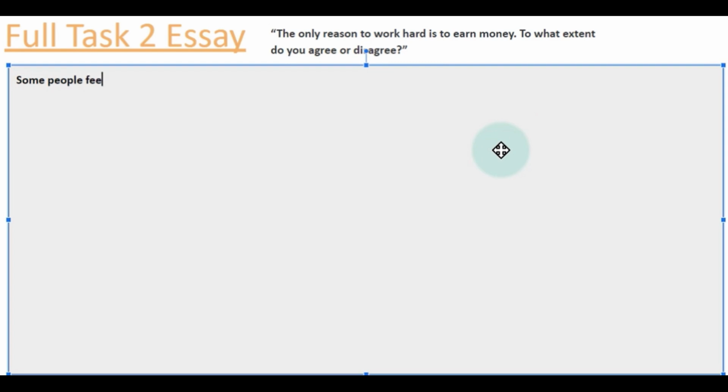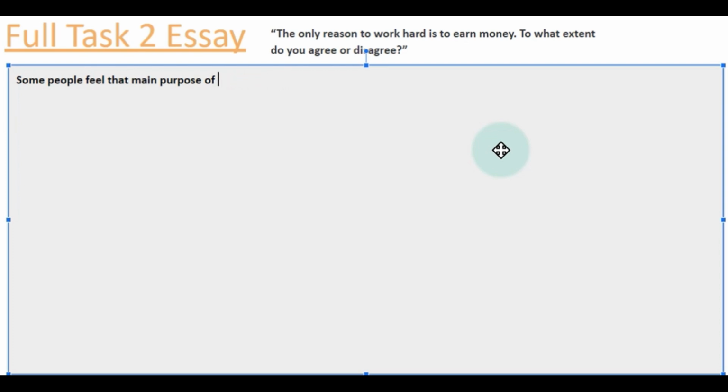Some people feel that the main purpose, synonym reason, of working hard, or how else could we paraphrase this?